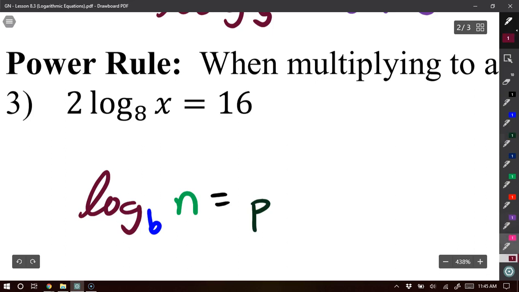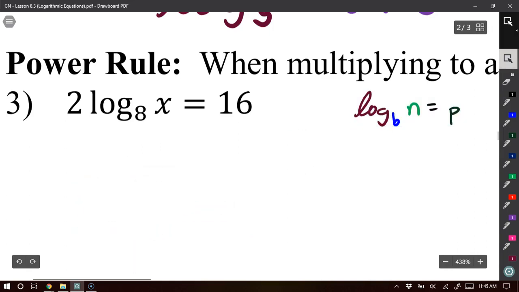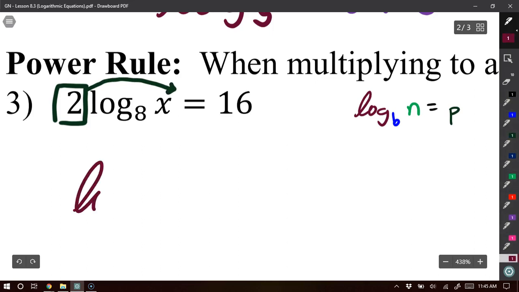So when I see that 2, what comes to my mind is I need to find a way to get rid of it. I am multiplying to a power. When I multiply to a power, then I can take this 2 and make it the power of my x. So I have log base 8, now x squared.